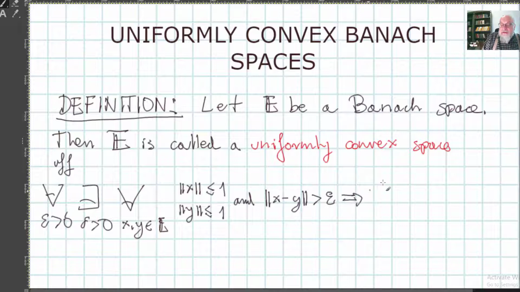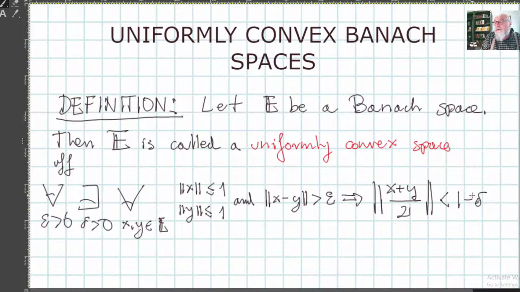Then the statement says that the norm of (x plus y) over 2 must be smaller than 1 minus delta.